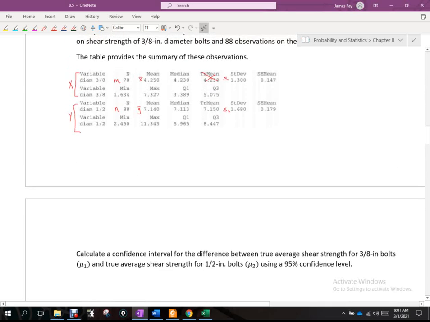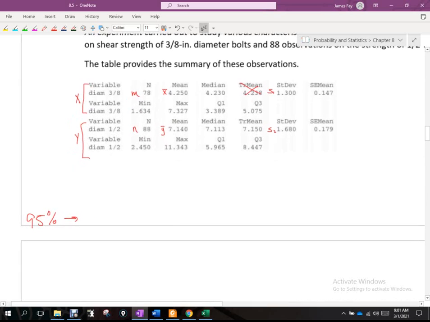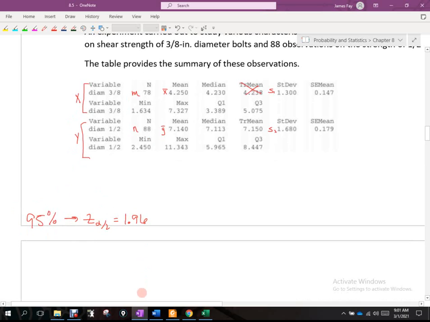Okay, so let's do a couple things here. If I say 95% confidence level, does anybody remember the z-score that attaches to that? Z sub alpha over 2 would equal what? 1.96. Okay.